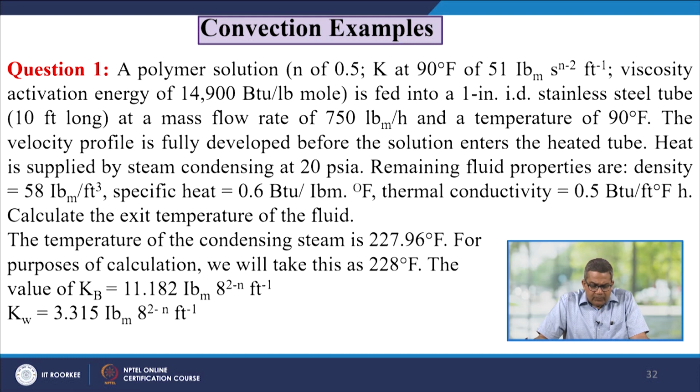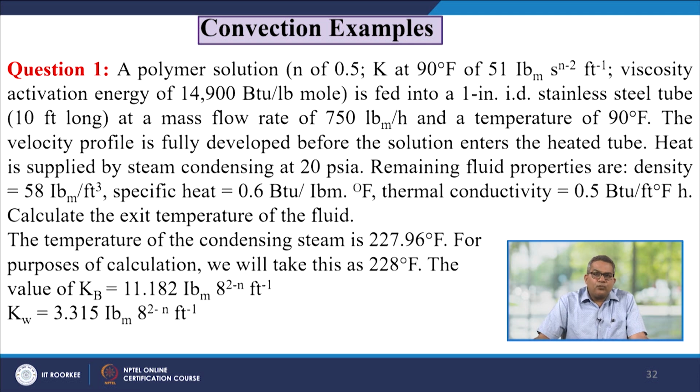Now, let us take a couple of examples. In this first question, a polymer solution where eta is 0.5, K is 51 pounds viscosity at 90 degree Fahrenheit, with activation energy of 14,900 BTU per pound mole, is fed into a 1-inch internal diameter stainless steel tube of 10 feet long at a mass flow rate of 750 pounds per hour and a temperature of 90 degree Fahrenheit.